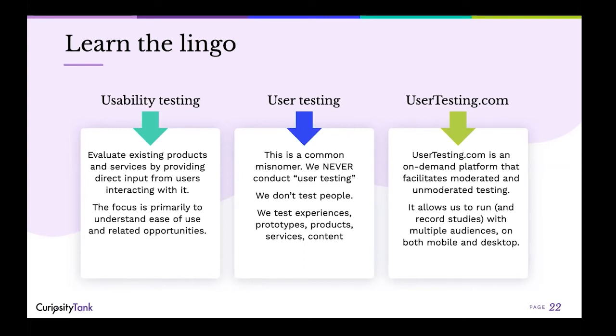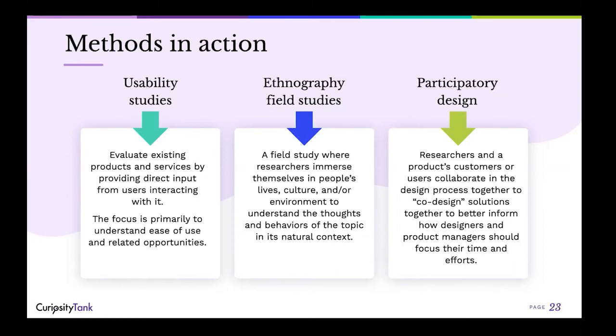They have a panel that we can recruit from, or we could upload our own panel of participants. You can run studies on mobile, on desktop, on tablets. It is a platform. It is software as a service. It is very expensive. So these are just an example of how our terms can be really, really confusing and why it's so important to truly understand them.